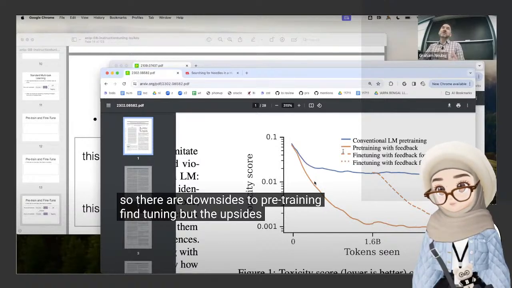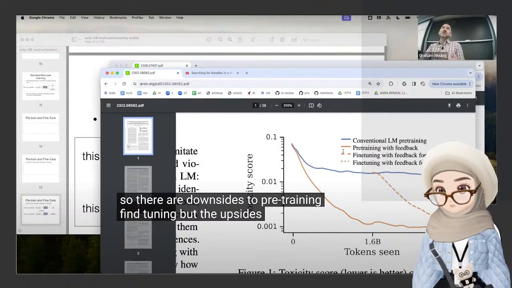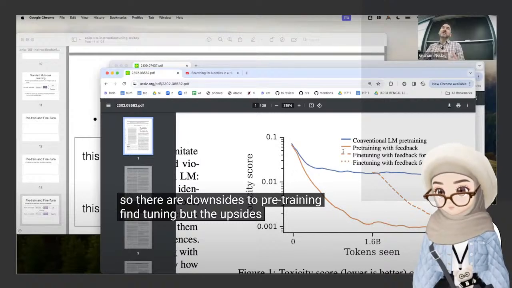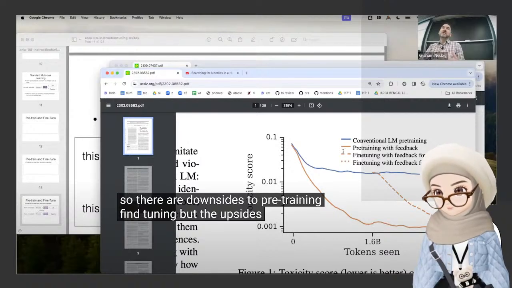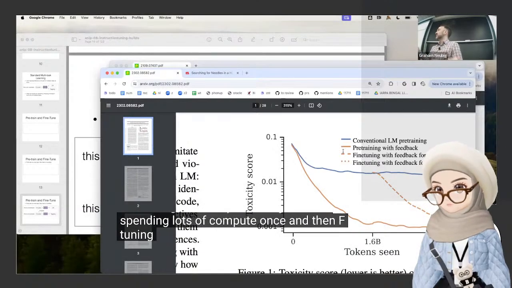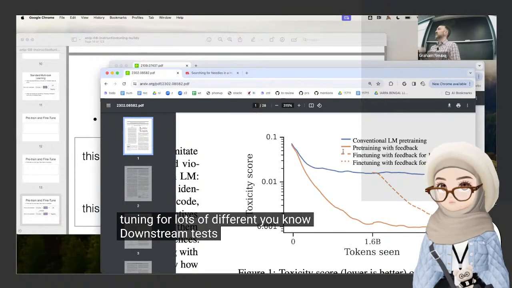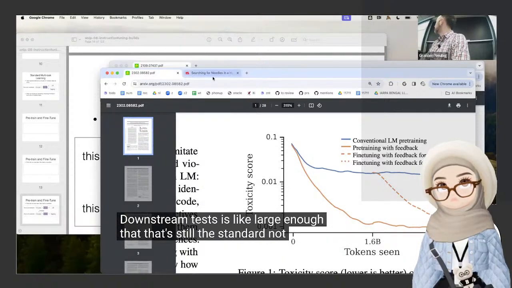The amount of resources this one requires versus this one, I don't know how big the difference is, but these two don't seem that different. So you get similar results with way less. The upsides of spending lots of compute once and then fine-tuning for lots of different downstream tasks are large enough that that's still the standard nowadays.